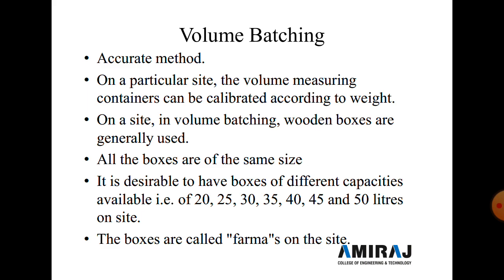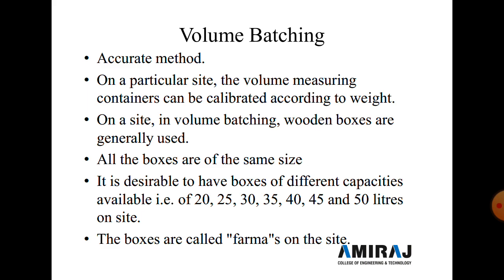Box capacities are available in different sizes, like 20, 25, 30, 35, 40, 45 and 50 liters on site. So flexibility can be achieved in mixing different grades, and in case the mix design changes. The boxes are called farmas on site.